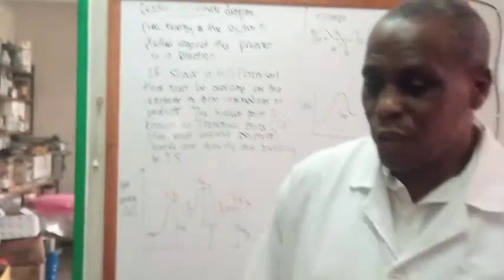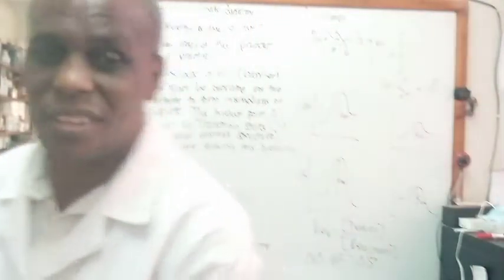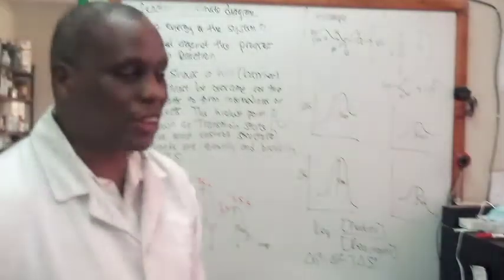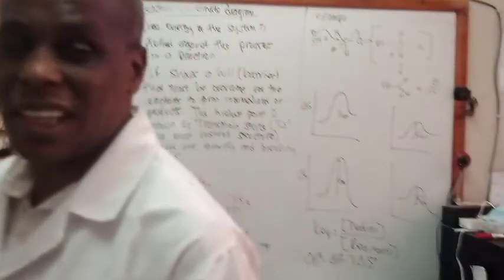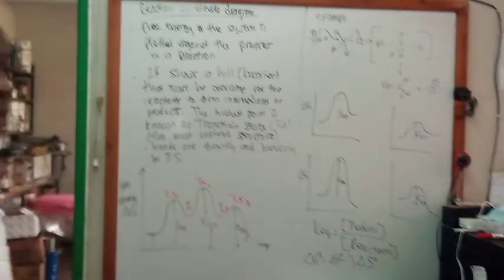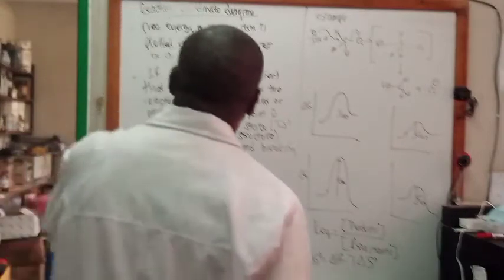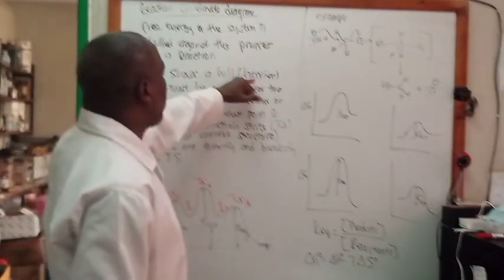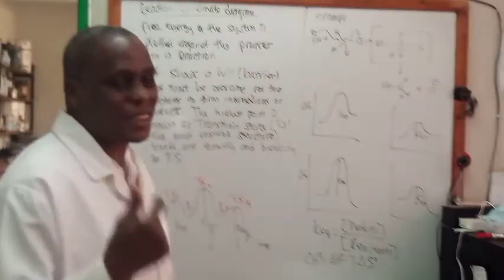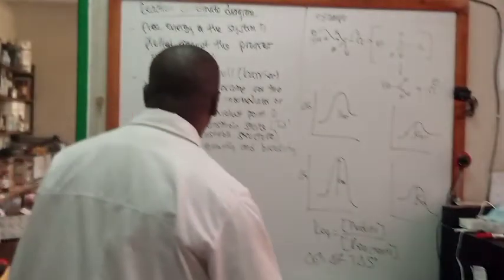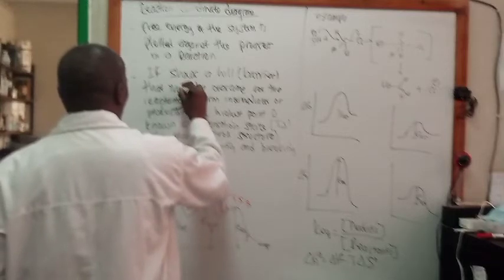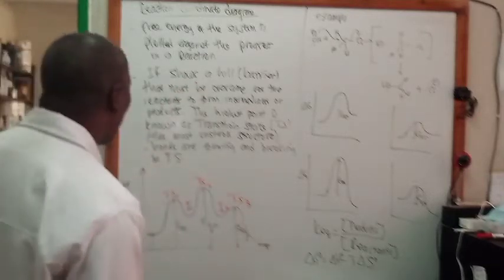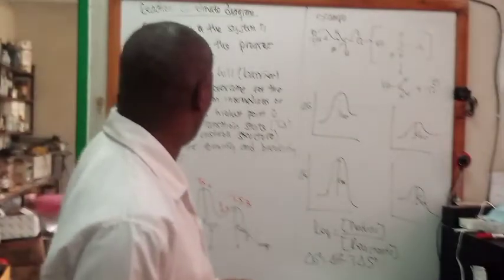It means you have the starting materials proceeding through various steps. It can involve one intermediate, it can involve two intermediates, and then it proceeds to the product. It shows a hill or a barrier that must be overcome for the reactants to form the product.